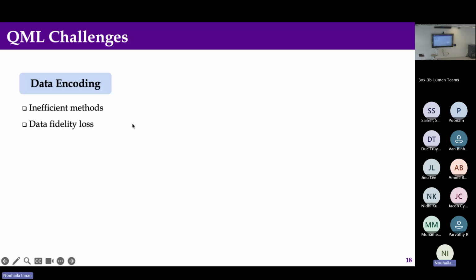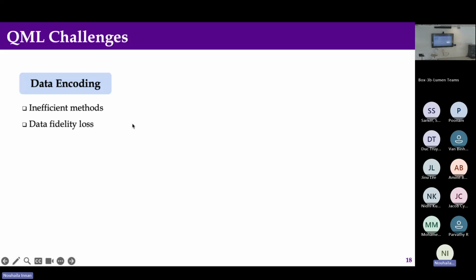But it's very hard to find which technique is better, because we need metrics to compare them. For example, there is amplitude encoding, angle encoding, and other ones. Let's just give this example, amplitude encoding and angle encoding.